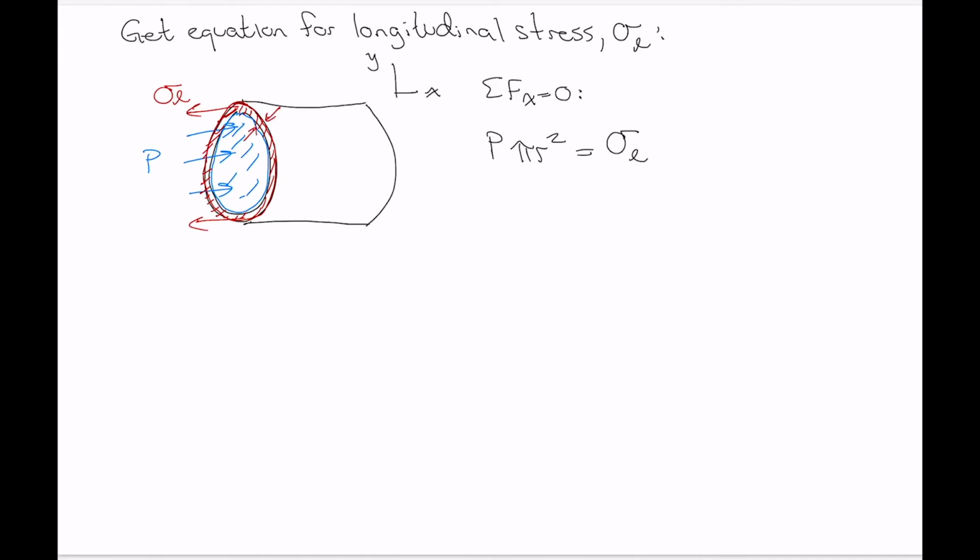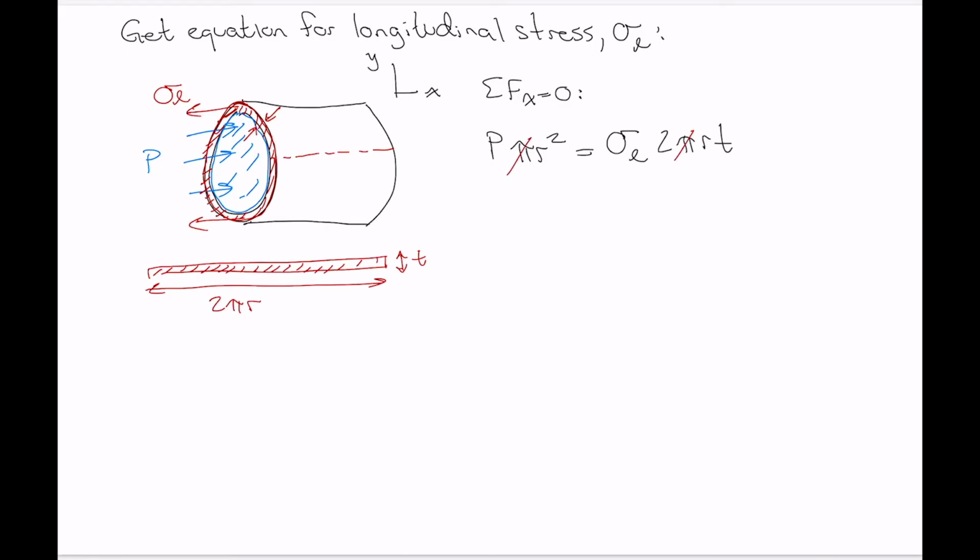So what you're really thinking of doing is, if we clip this section down that way and unroll it, then you get a rectangle of material that is the circumference long by the thickness thick. So we've got 2 pi r times t. So 2 pi r t.